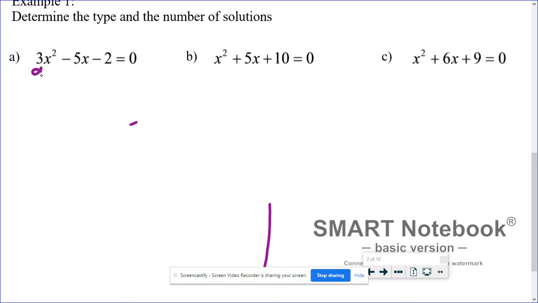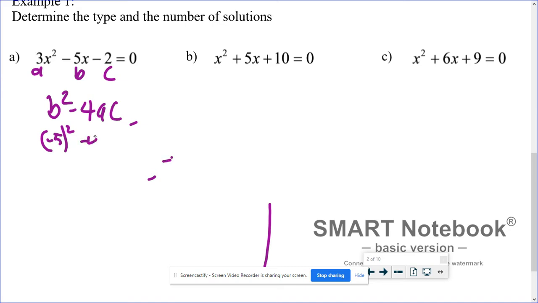Remember, this is the a, this is the b, this is the c. We're finding b squared minus 4ac. So you're substituting those numbers in. b is -5. It doesn't matter that it's negative because you're squaring it, so that part will become positive anyway.